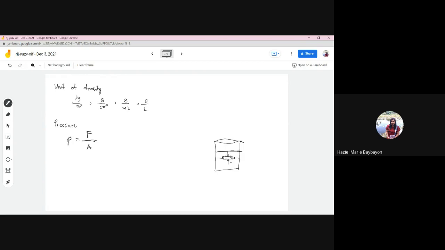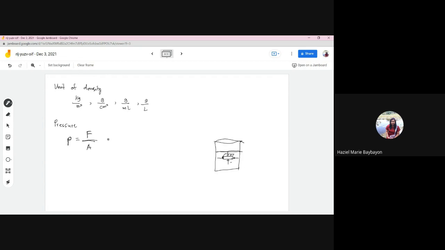So what is the area, class? If for example this is rectangular, then this is the area that we consider. Okay? And take note that the force should be normal or perpendicular to the surface area.